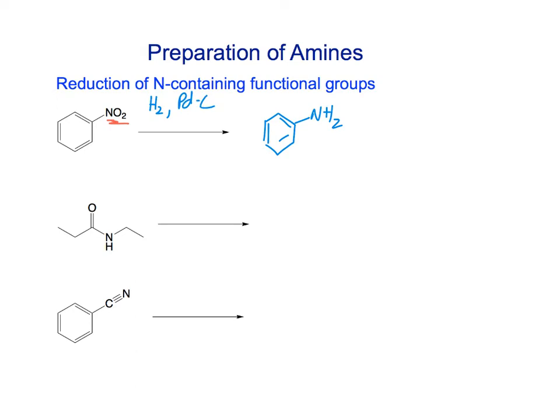But there were some metals that can be used too. So tin in hydrochloric acid works, or iron works for that as well. Okay, if we use any of those methods with hydrochloric acid, then formally we would get an ammonium ion, or the conjugate acid of aniline as the product, and then how would we get the neutral aniline back?